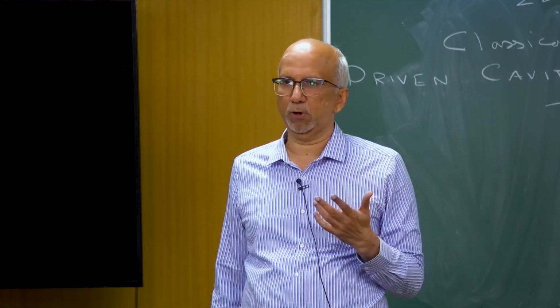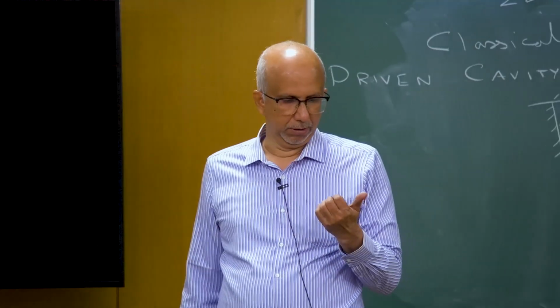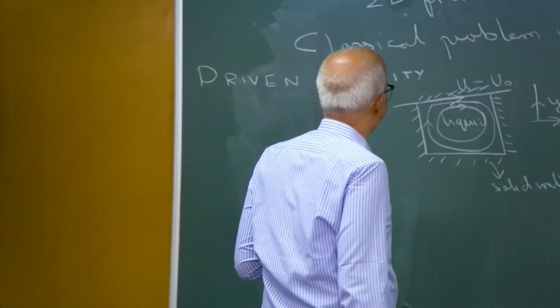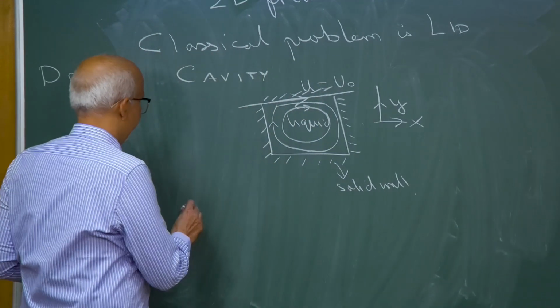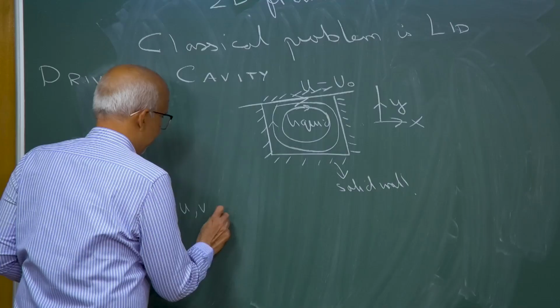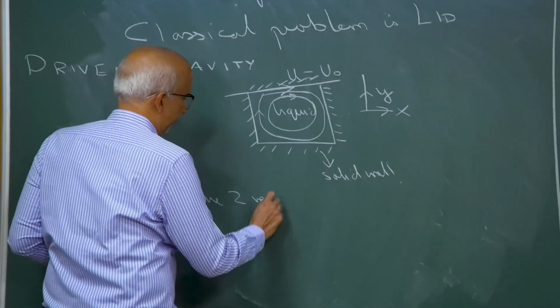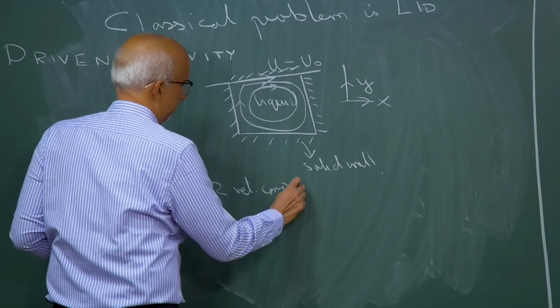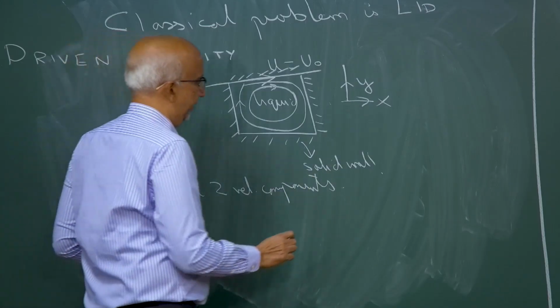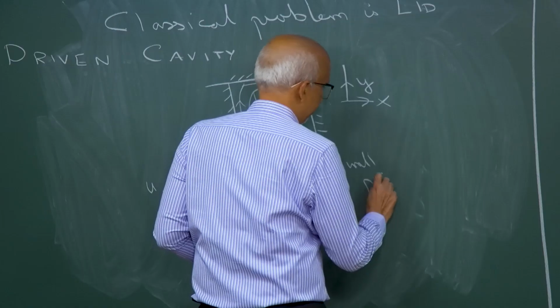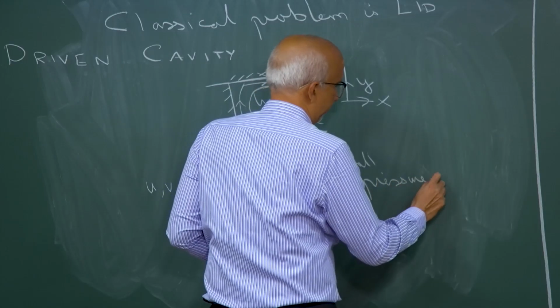This is a very classical problem, and so clearly there are two velocity components, u and v, and we need to figure out the pressure in the cavity.